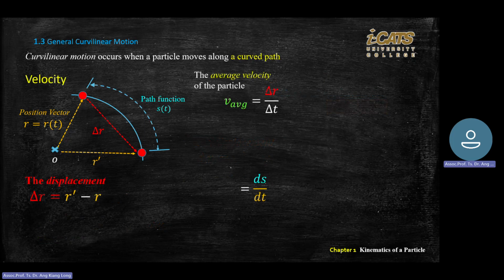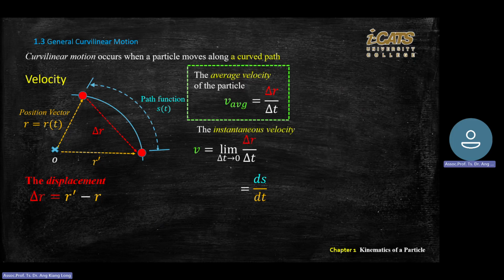Velocity is also the same. You know velocity is ds dt. In curvilinear motion, you just change the S into R. Okay, so we already went through this one in the previous chapter.